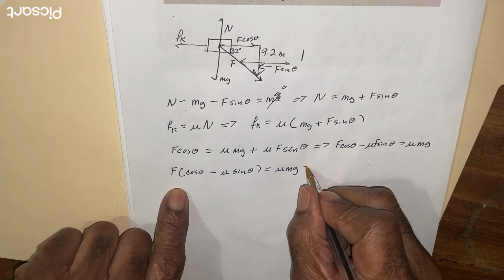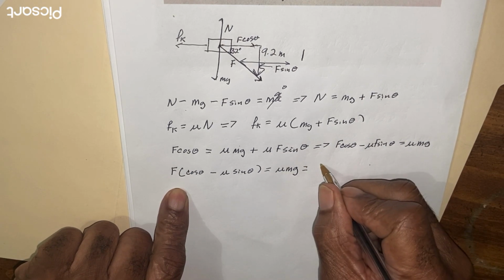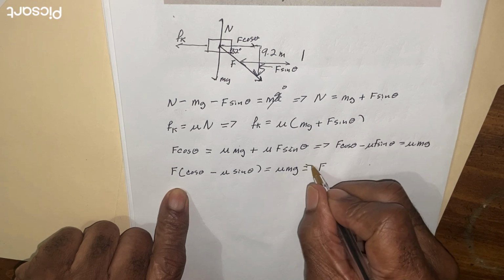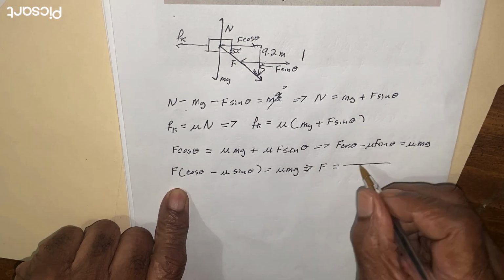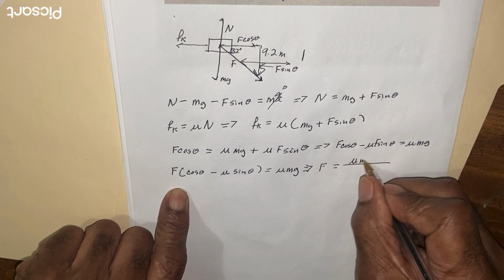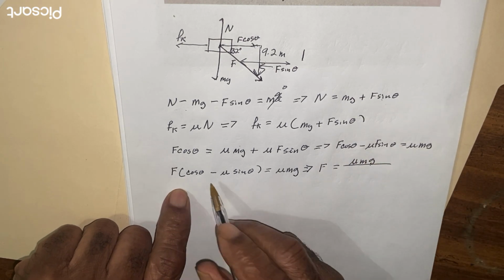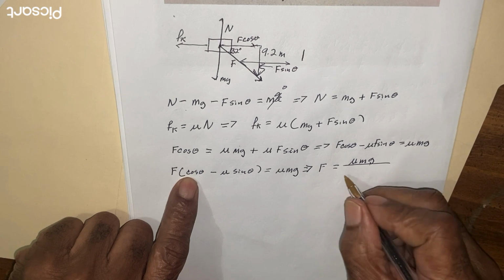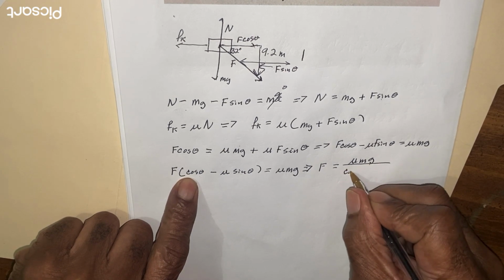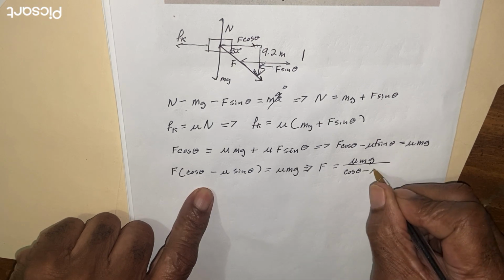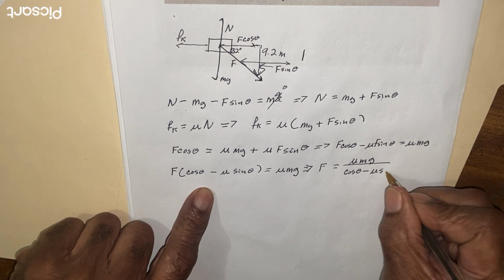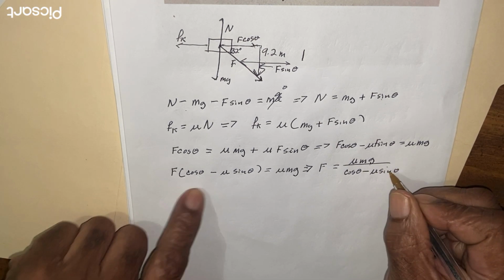And that's going to go to F equals mu mg over (cosine theta minus mu sine theta).